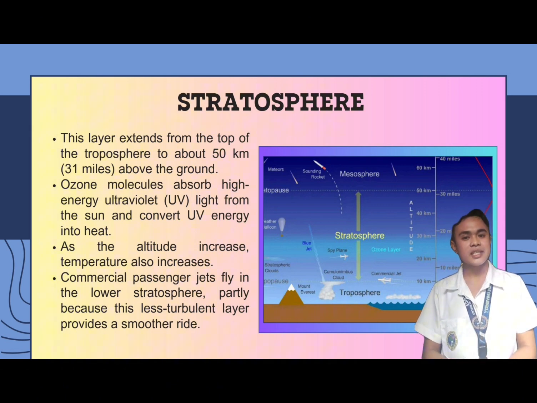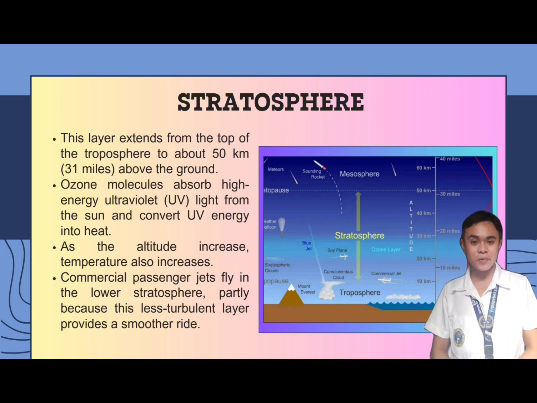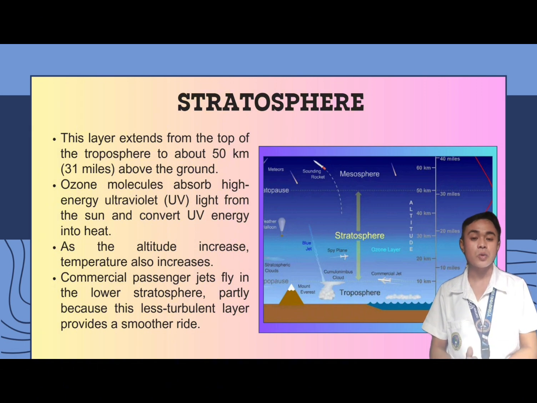Ozone molecules in this layer absorb high-energy ultraviolet light from the sun, converting the ultraviolet energy into heat. Unlike the troposphere, the stratosphere experiences a temperature increase with altitude due to the absorption of ultraviolet radiation by ozone molecules.